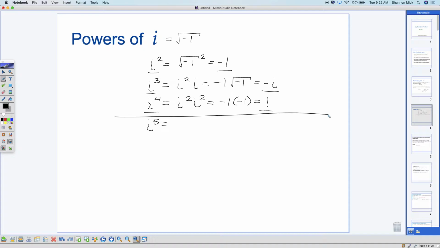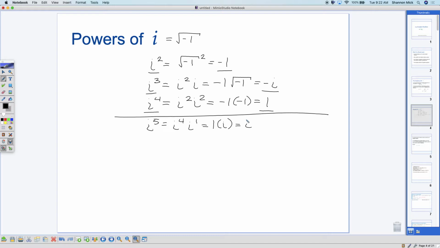So i to the 5th would be i to the 4th times i to the 1st, or just i. i to the 4th is 1, and i is i, so i to the 5th is just i, because 1 times i is i.